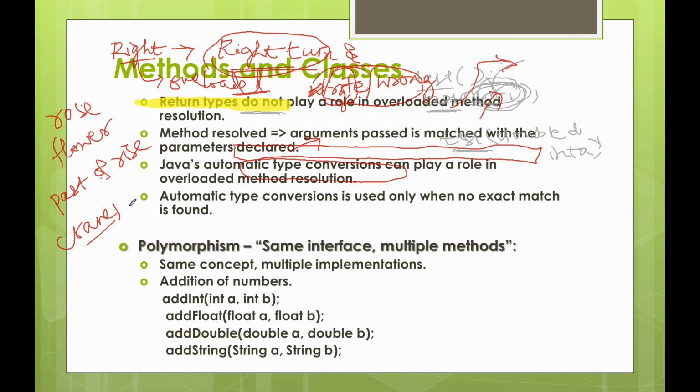Crane can be used for lifting objects, or it is a bird. So what I'm trying to tell here is how words are given different meanings. Same word but different meanings. That is what is meant by overloading, or you can say the same word is overloaded with different meanings.